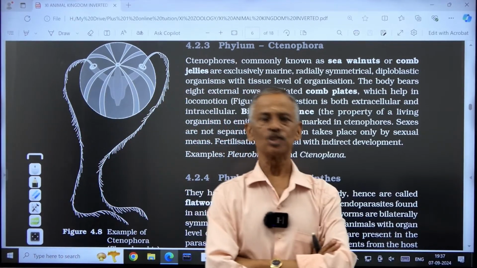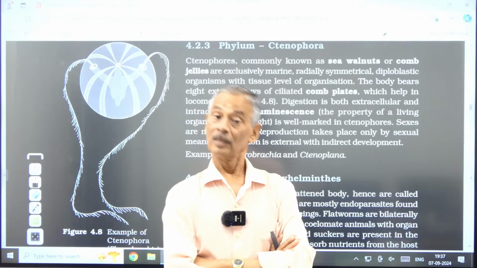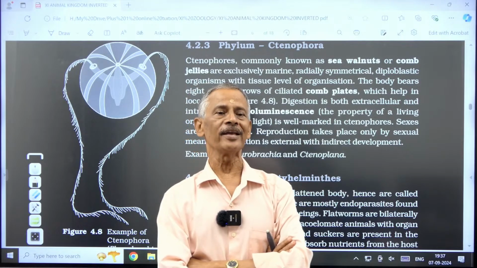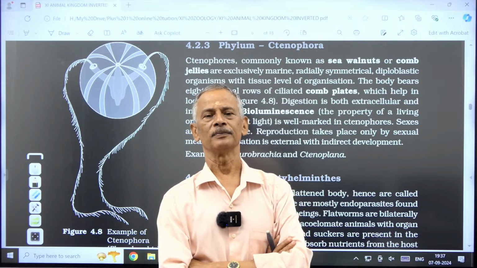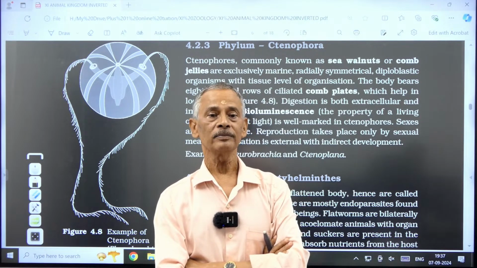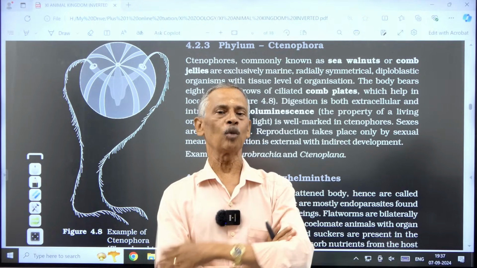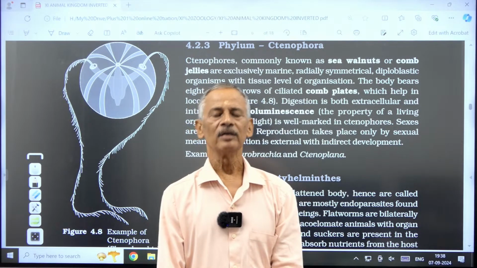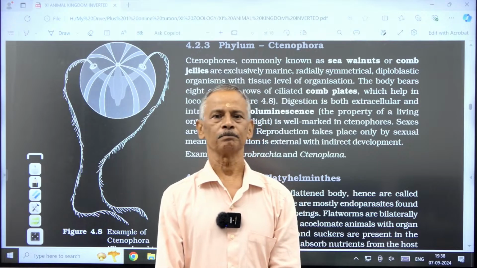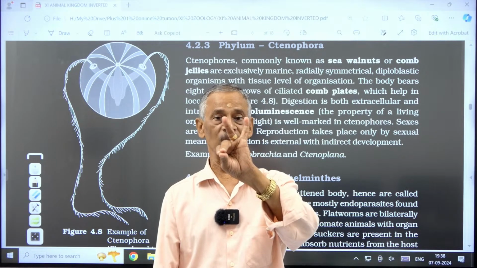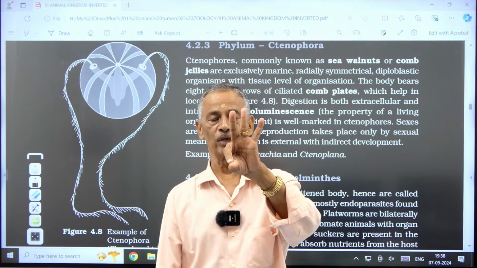There are a lot of similarities between Cnidaria and Ctenophora. Both of them are diploblastic, having tissue grade of organization with radial symmetry.